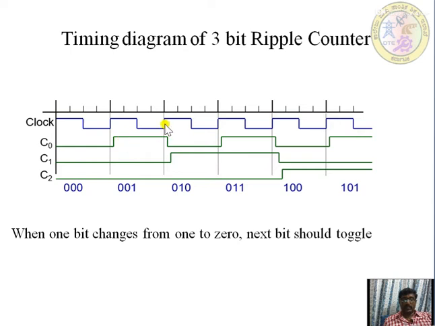Again on the negative edge, 0 1 0. Next 0 1 1, then 1 0 0. It just goes on to the next bit: when one bit changes from 1 to 0, the next bit should toggle. Depending on that we will consider it.